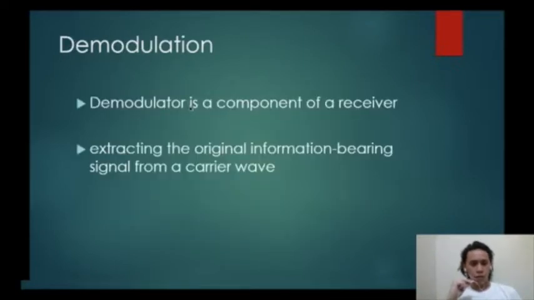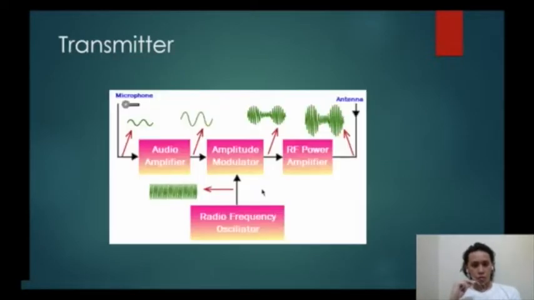So, the demodulator is a component of a receiver which is discussed in chapter 2. Demodulation is the process of extracting the original information bearing signal from the carrier wave. Kung yung modulation is part siya ng transmitter, i-modulate muna natin yung signal, yung carrier wave, bago natin siya padala sa channel.